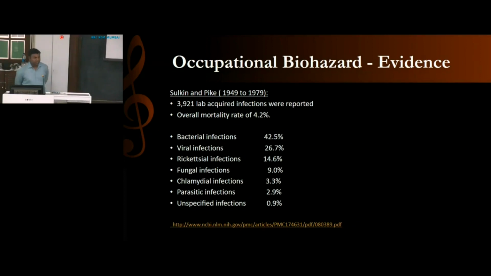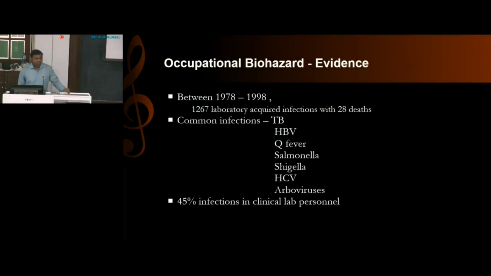It is very evident; you don't even need any kind of controversy for this. All of us know that you will acquire infections while working in the hospital setting. Most of them will be bacterial in origin and some will be viruses. Common infections which you might encounter are tuberculosis, HBV, Salmonella, HCV, etc.